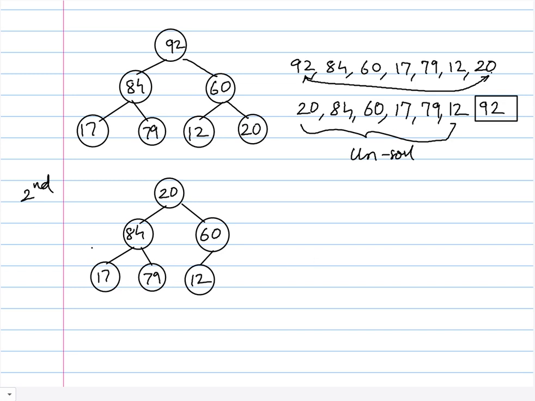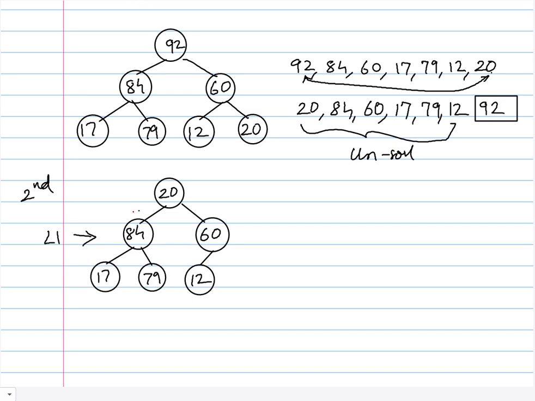First we'll check level 1, since level 2 is already satisfied. Level 1 elements are 84 and 60. The greater element is 84. Now we'll check 84 with the parent. The root node is 20, and 20 is less than 84, so we'll swap it.